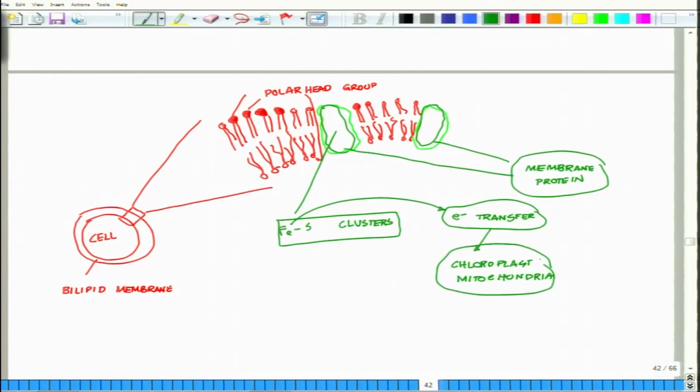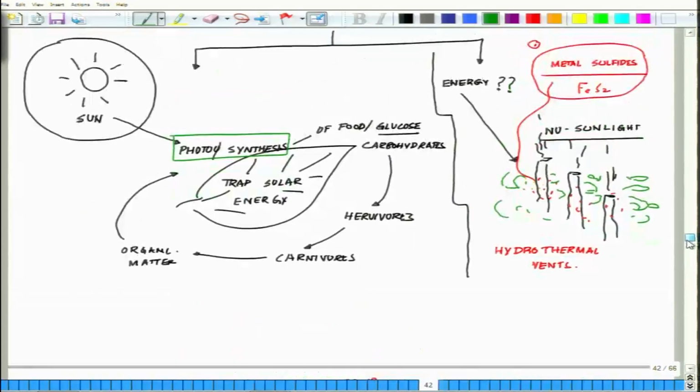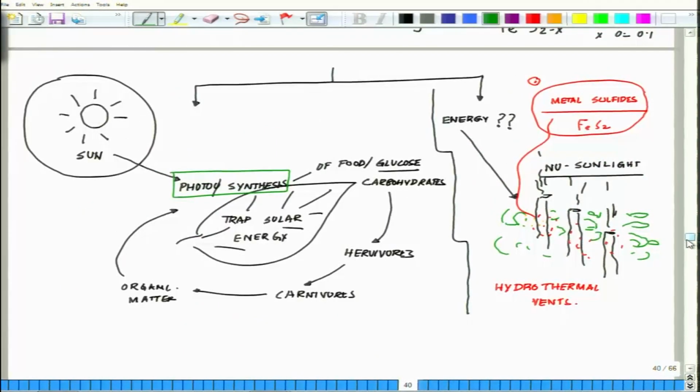Now, if you look at it, it seems like life has evolved around iron and sulfur in the most strange places. If you look at the hydrothermal vent, which is one of the most strange places where life has evolved, there was a name given to the life form which evolved there, which is not dependent on light.